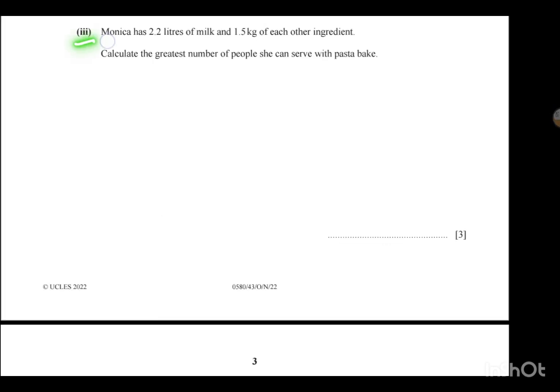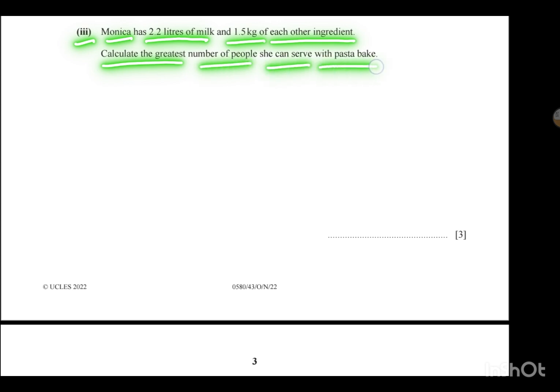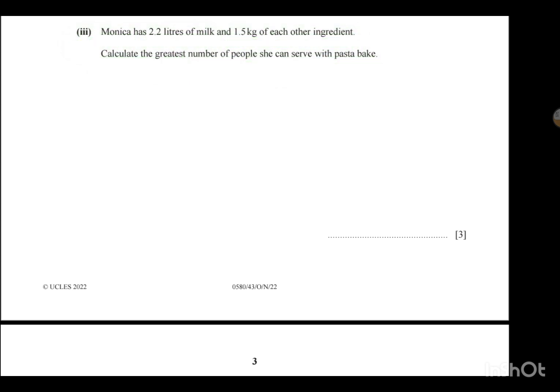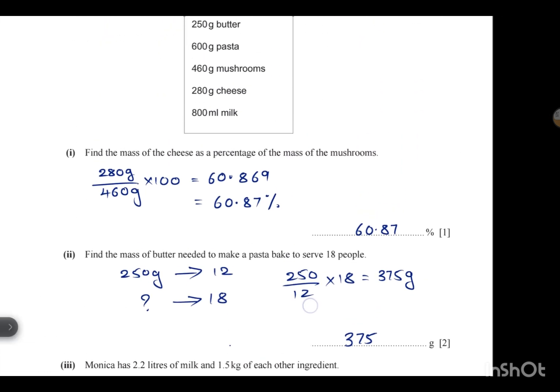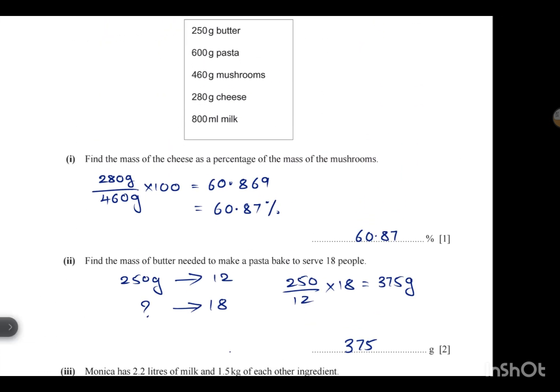Question 3. Monica has 2.2 liters of milk and 1.5 kg of each other ingredient. Calculate the greatest number of people she can serve with pasta bake. So look at the ingredients here. In this, the maximum amount of ingredient used is 600 grams of pasta.